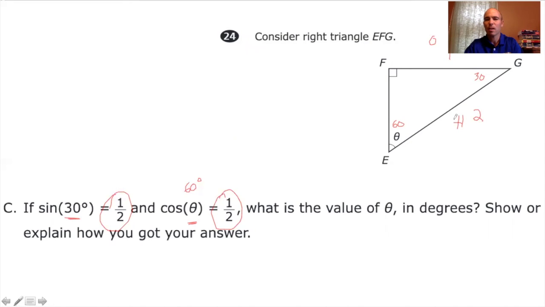When we start talking about this other angle, all of a sudden this becomes the adjacent. So that's why that rule is what it is. If you remember the rule that these angles have to add up to 90, they have to be complementary, great. If you had to work through a SOHCAHTOA diagram, that's great too.